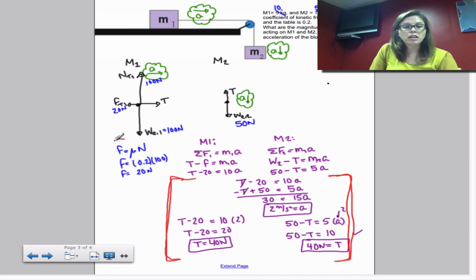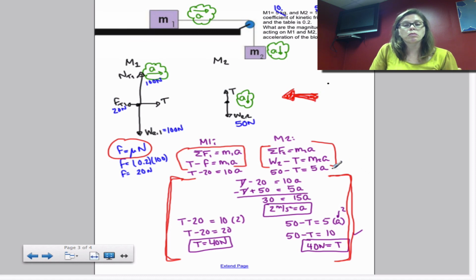The physics comes in right here in your F-net equations, right there, and right here. And also very, very much so in your free body diagrams that really just guide you in developing and forming these F-net equations. So I hope this helps.